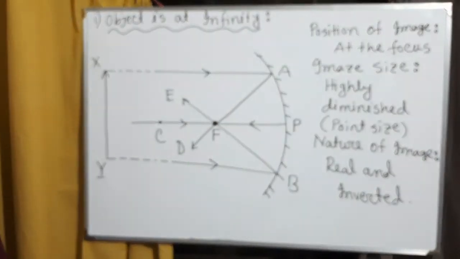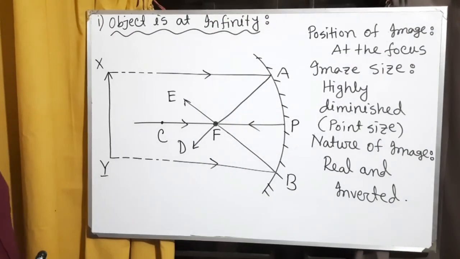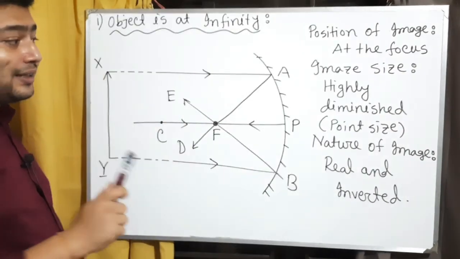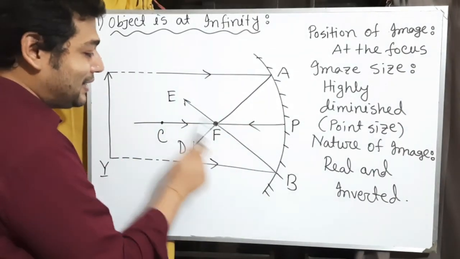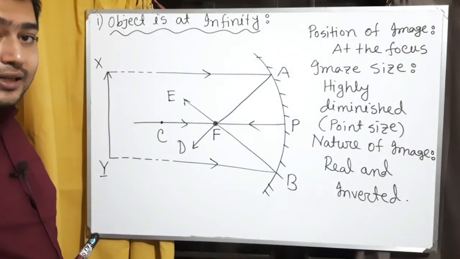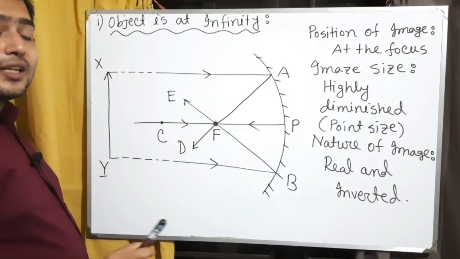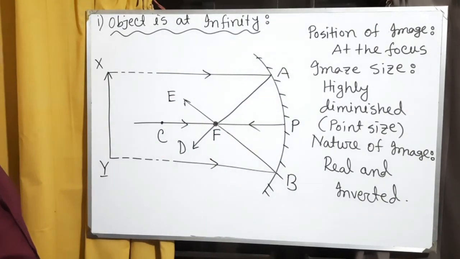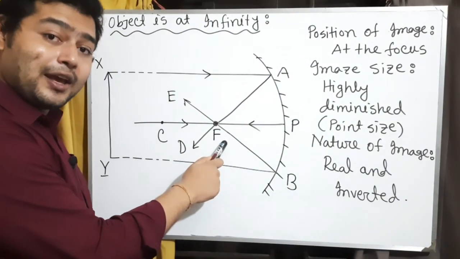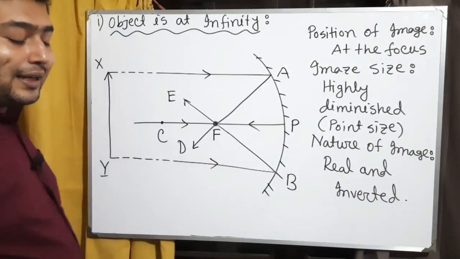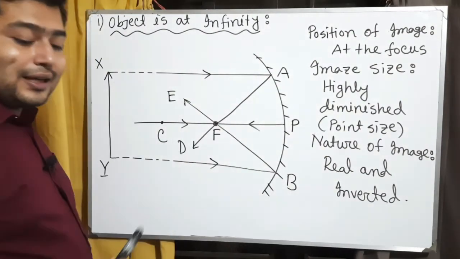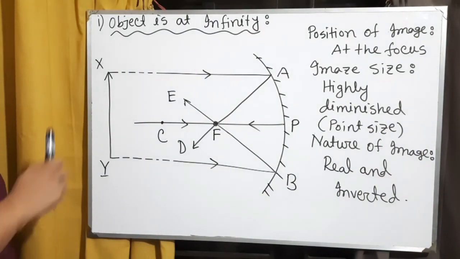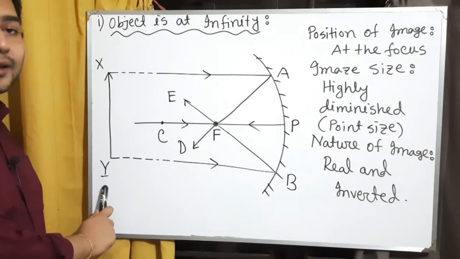Here AD and BE are our reflected rays. After reflection these two reflected rays meet at point F. Here point F is the real and inverted image of XY.